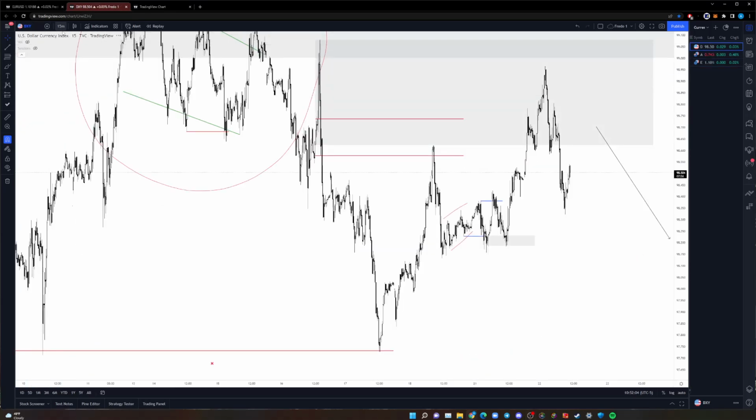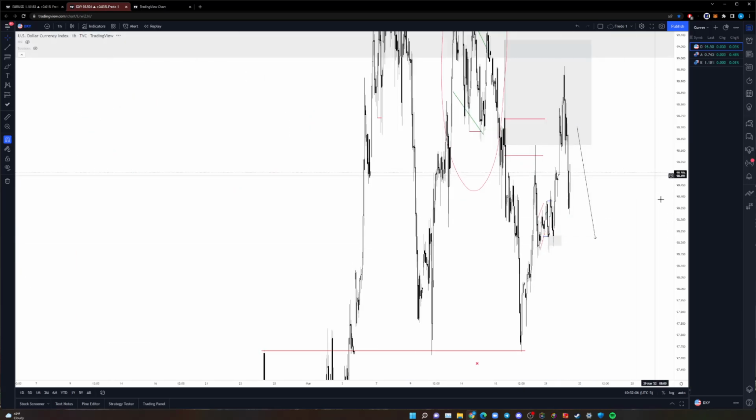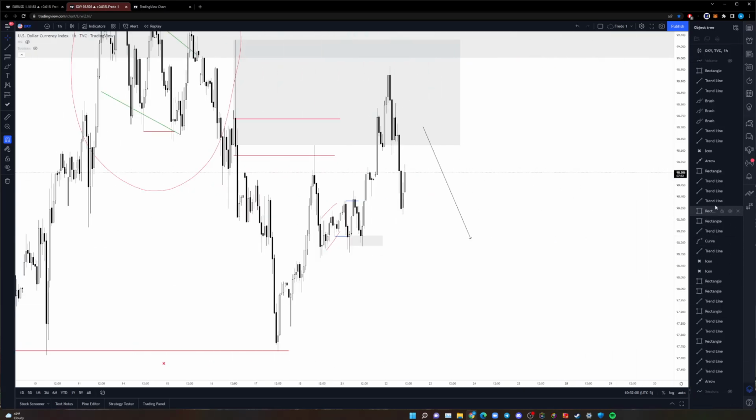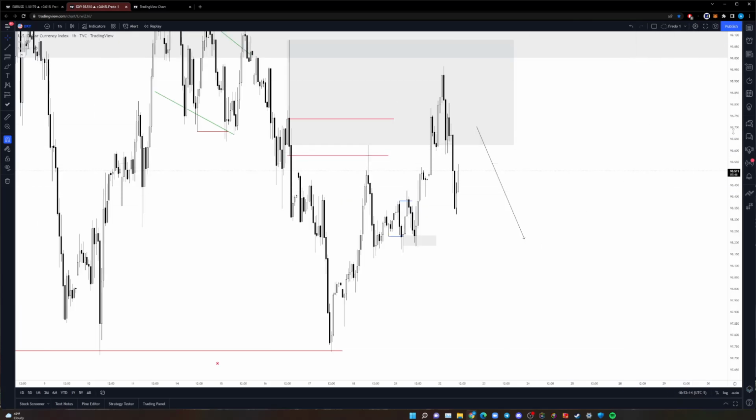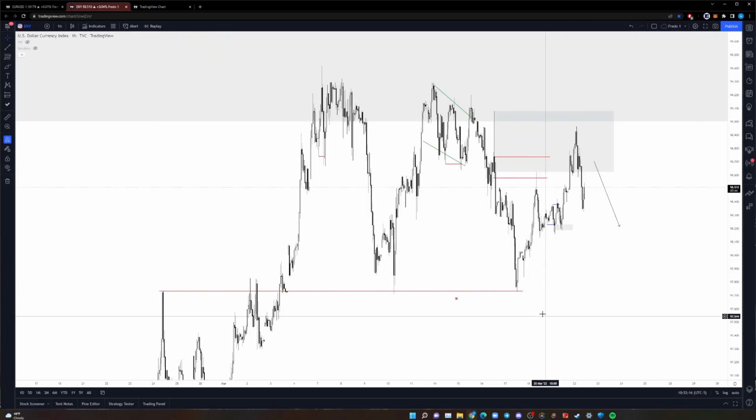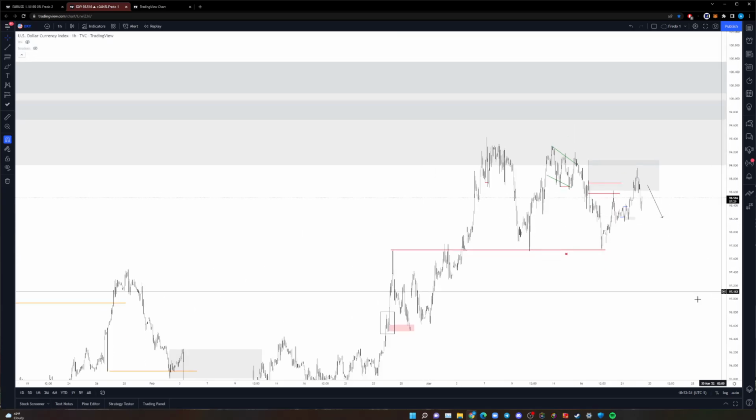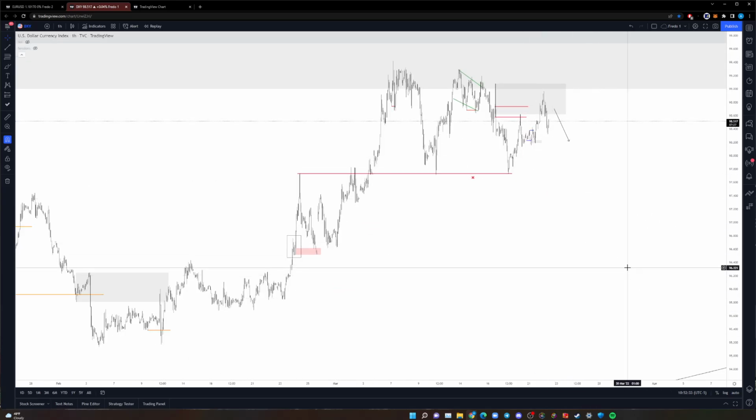Start off with dollar. I'm going to delete all the brushes. Okay, cool. So we know pretty much what we were looking for last week, which was a reaction via potential POI, to maybe take out relative equal lows, which would lead into pretty much an overall transition.